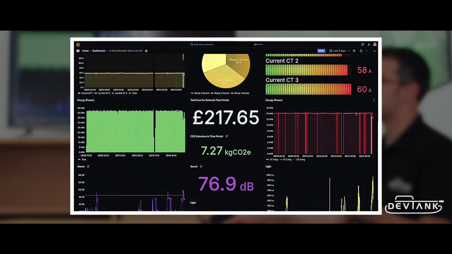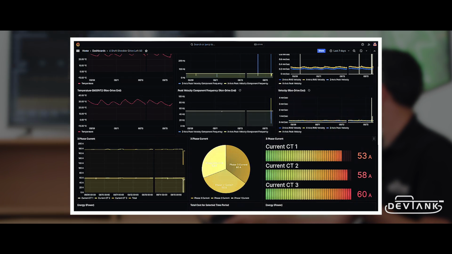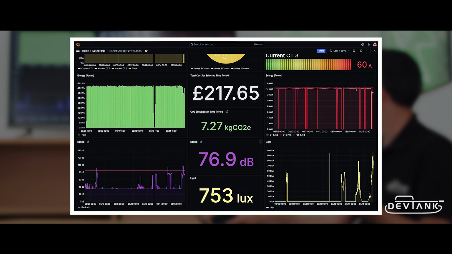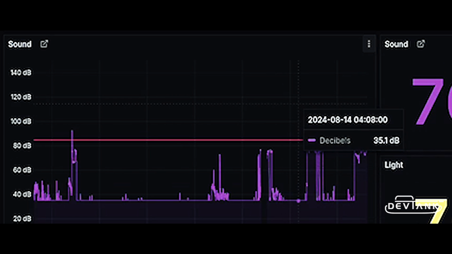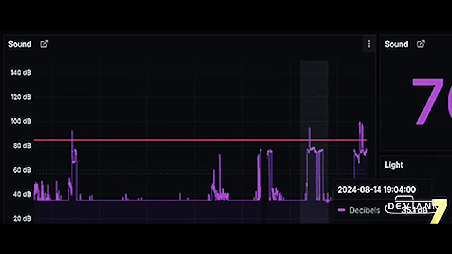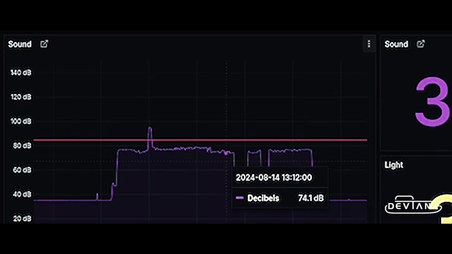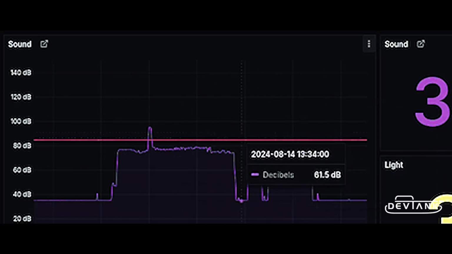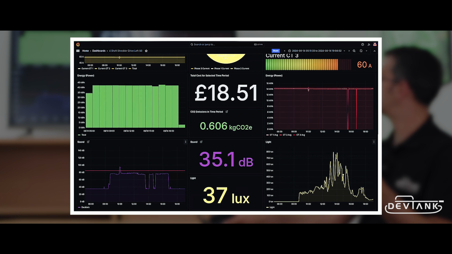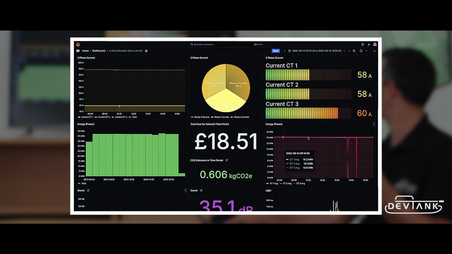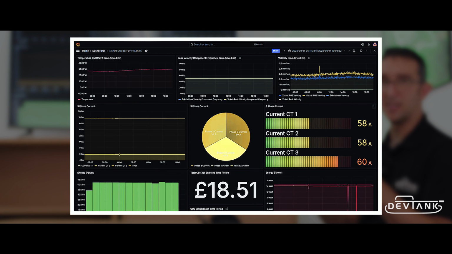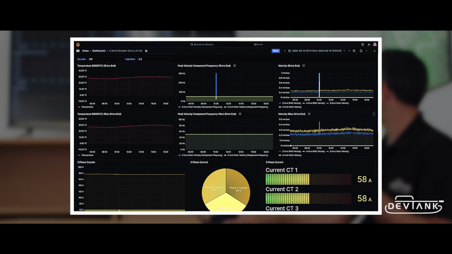you can do so. Let's say I draw around sound, so it's particularly noisy here. If I draw a box around that area, I can correlate the sound data with all the other measurements. So I can look at the light levels at the time, I can look at the energy consumed during that time period, look at peak velocity and vibration stats on the motor for that given time period.